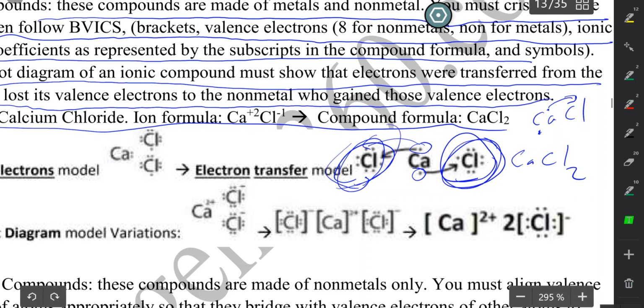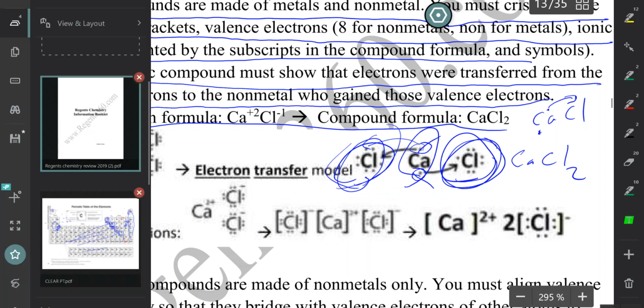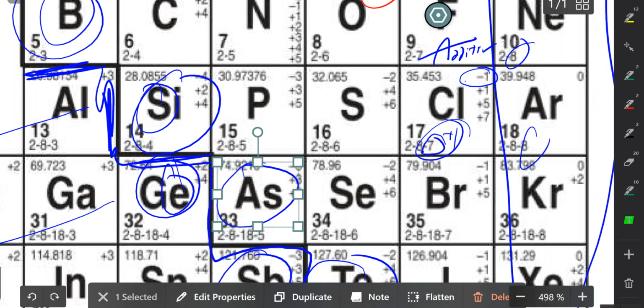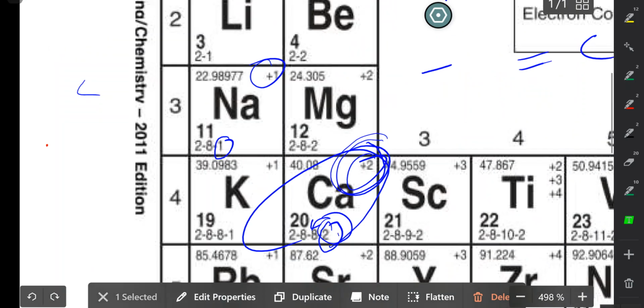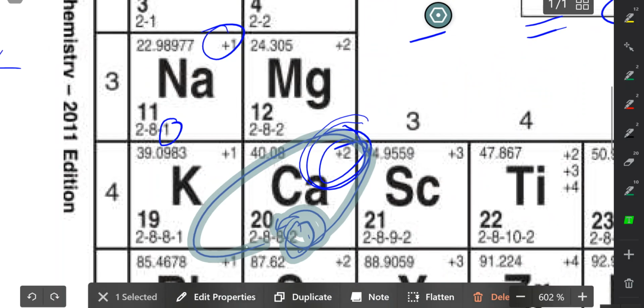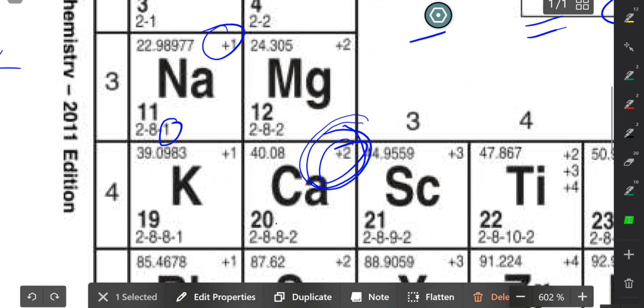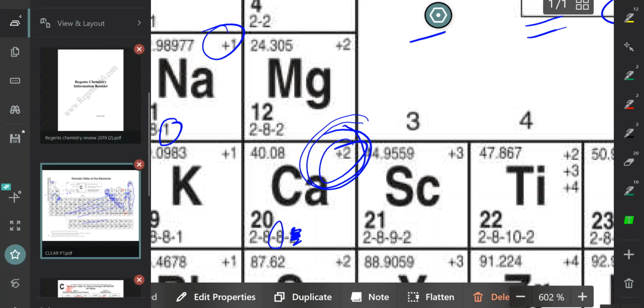This chlorine will also be happy with 8 valence electrons. And this calcium will always be happy because now it lost its 2 electrons and will have chemical stability as well and an octet. Going back to here, when calcium loses those 2 electrons, now calcium will have an octet in the 3rd shell. All right, so that's how calcium bonds.